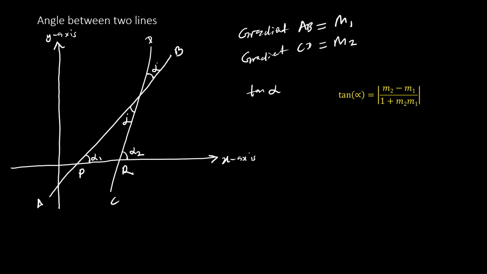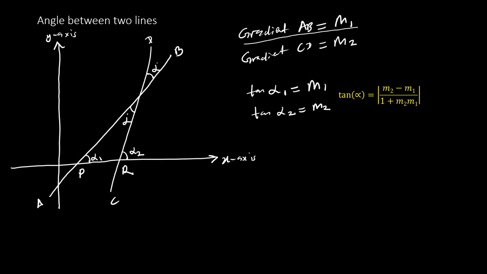Here we have alpha 1, which makes an angle with the positive x-axis. So tan alpha 1 equals M1, since we are assuming that the gradient of line AB equals M1. And also line CD makes an angle of alpha 2 with the positive x-axis. So we can say that tan alpha 2 equals M2.